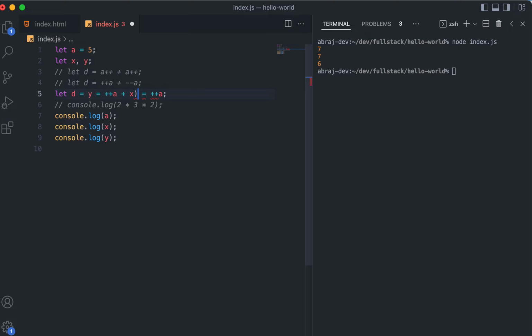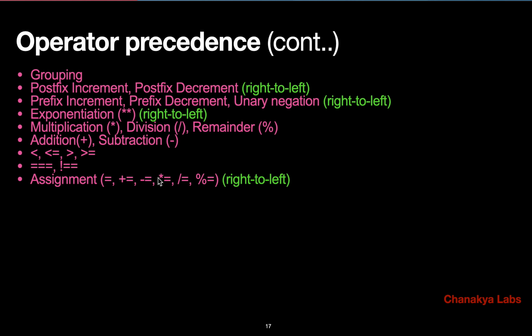Anyways, the idea is just to expose you to the fact that there is something called operator precedence, and in a simple manner you can just remember some of these things, and most of the things will be intuitive.